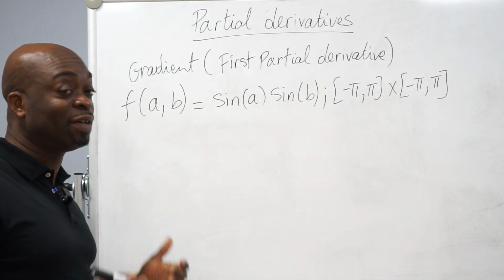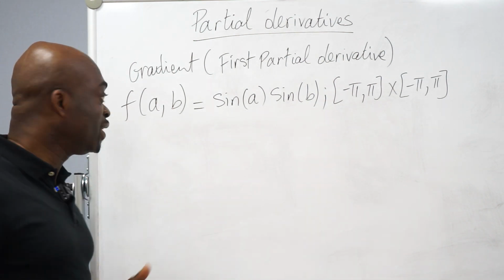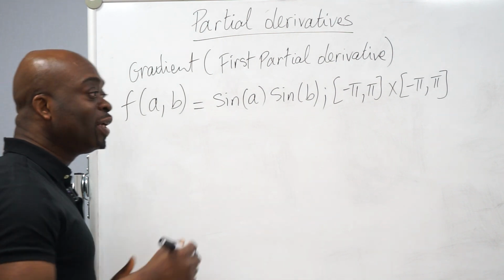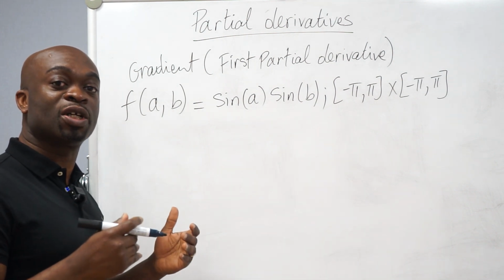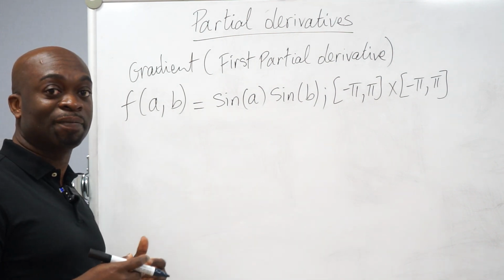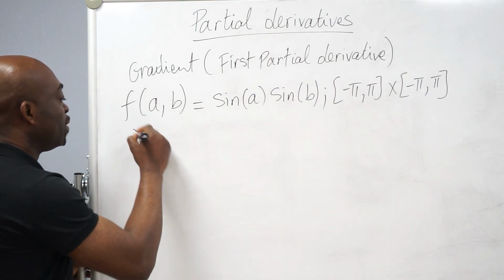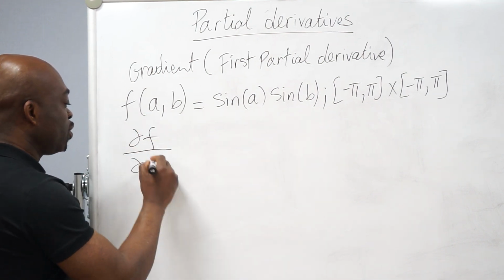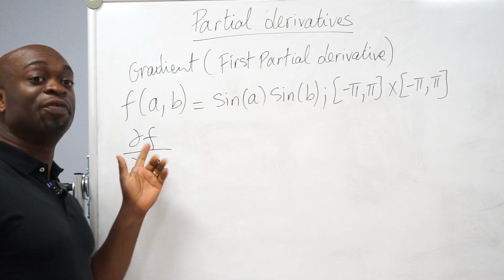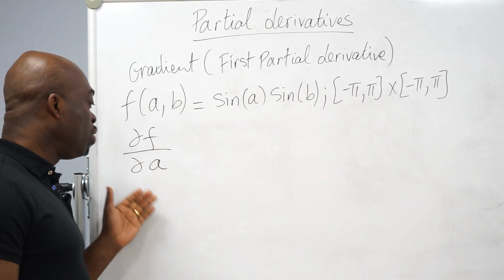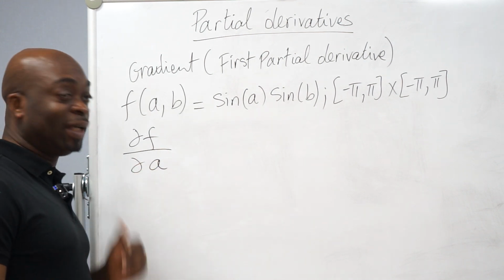We're trying to find the first partial derivative. So we're doing it with respect to each of the variables that we have here, correct? So we have the first partial derivative of the function f with respect to a.